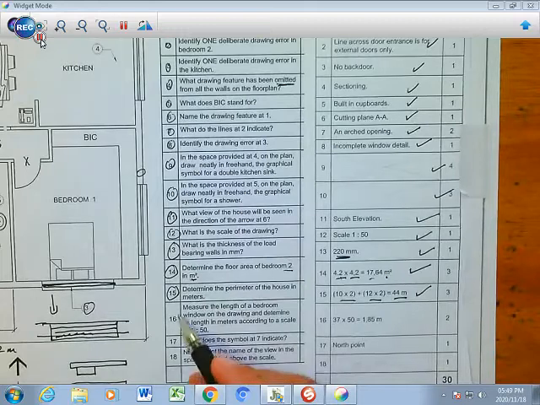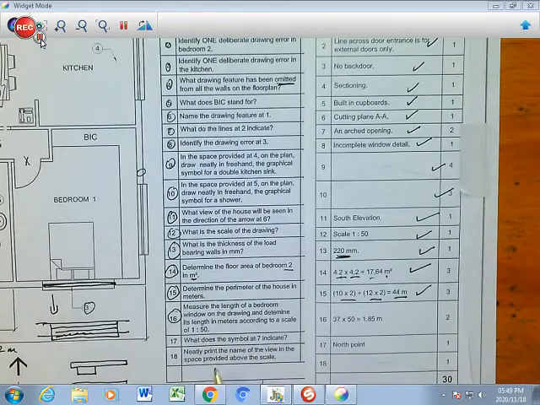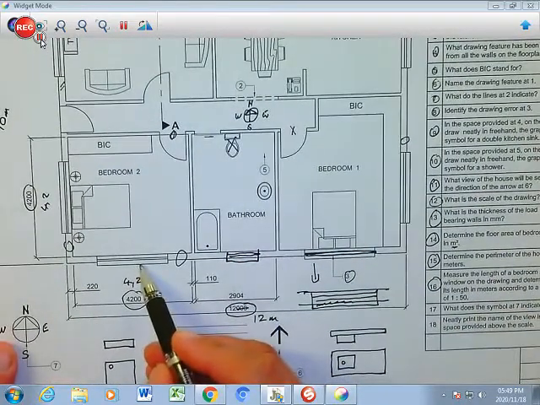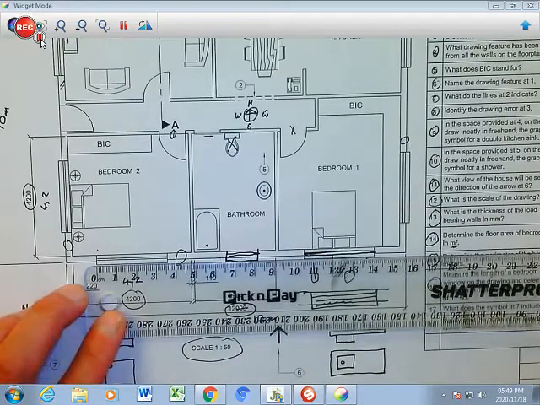Okay. 16. Measure the length of the bedroom window on the drawing and determine the length of its length in meters according to the scale of 1:50. Right? So you have to measure the length of the bedroom window. So you can take any of the bedroom windows because they are all the same length. So you're going to literally measure this here. Right?